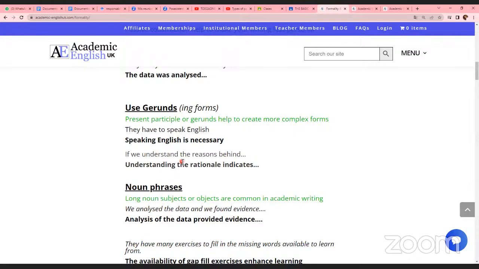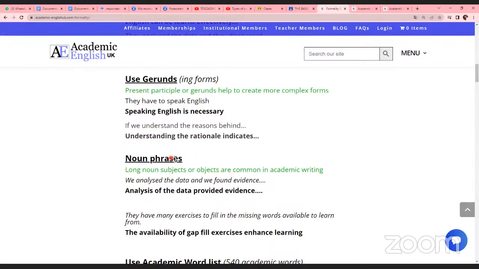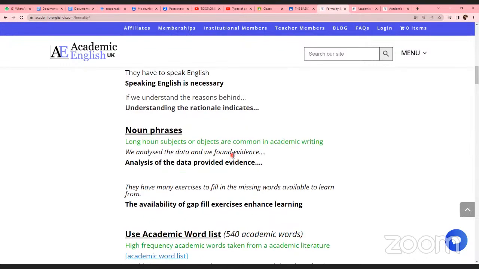Risking, and we have more adjectives that we can use with the gerunds, right? So if we understand the reason behind, it's incorrect, right? Understanding the rationale indicates it sounds better, right? And then we're gonna continue with noun phrases.